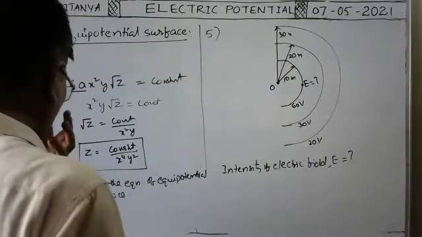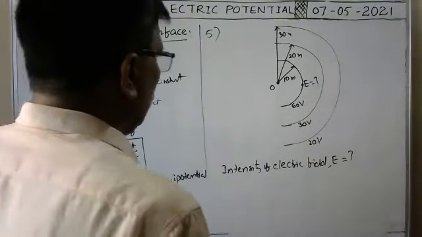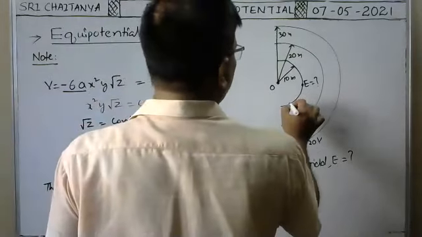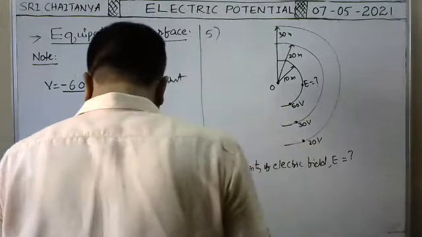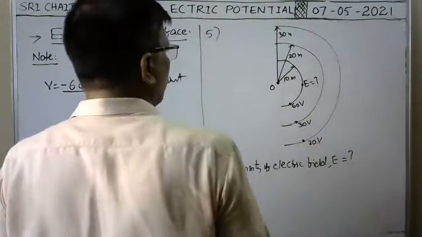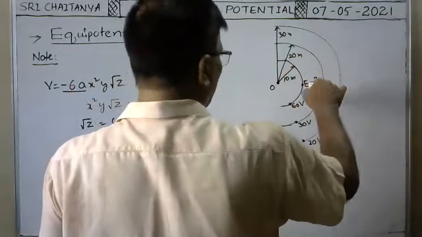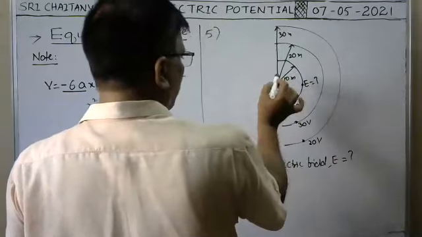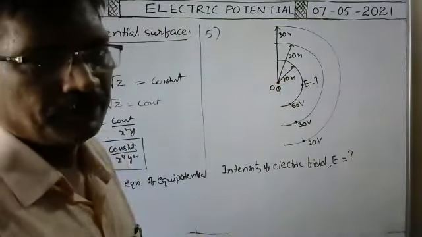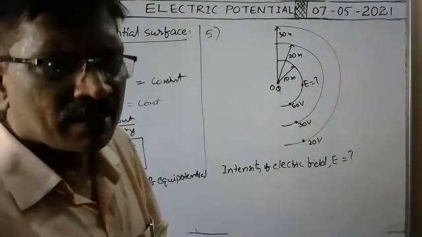Okay, now how we can do this problem? Here potentials are given. Here potential is 60 volt, 30 volt, and 20 volt. As these equipotential surfaces are spheres, definitely there is a charge on the sphere or there is a point charge at the center. What is the charge that is not given?